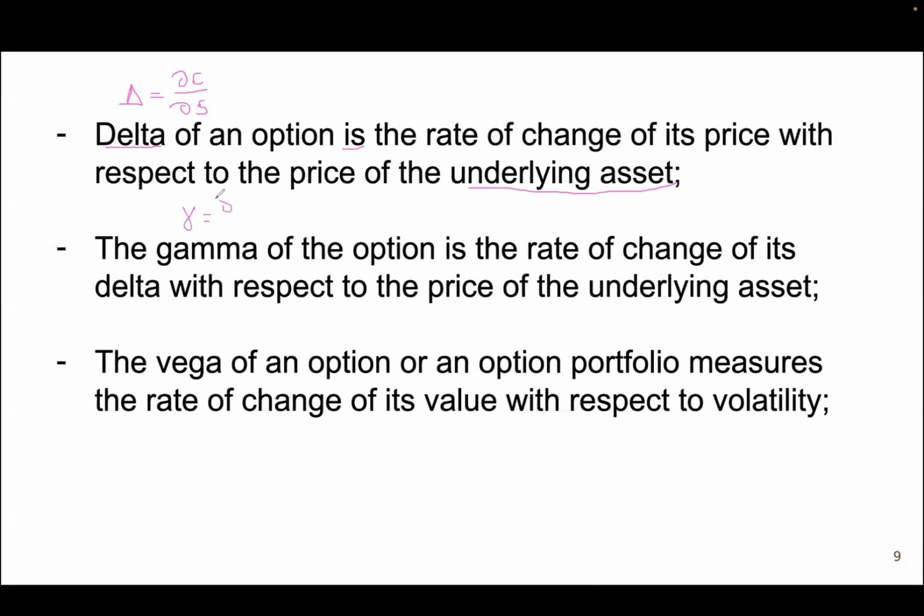So it is the second derivative. Vega is with respect to volatility. So it is a derivative, but not with respect to S, but to sigma. Do you understand?